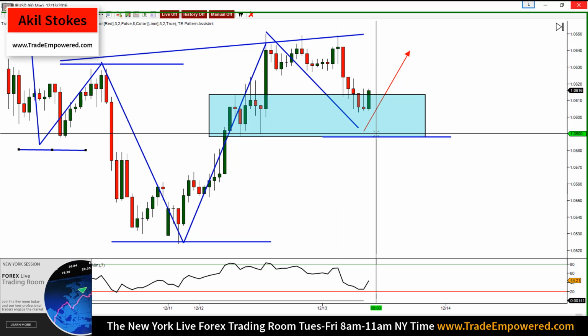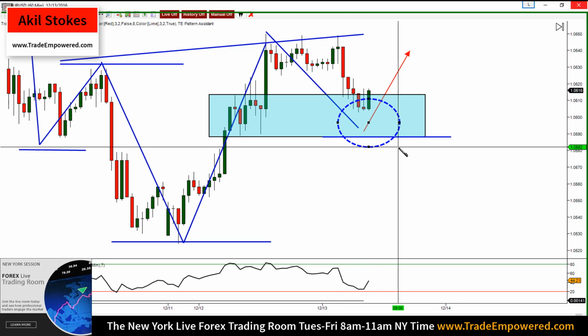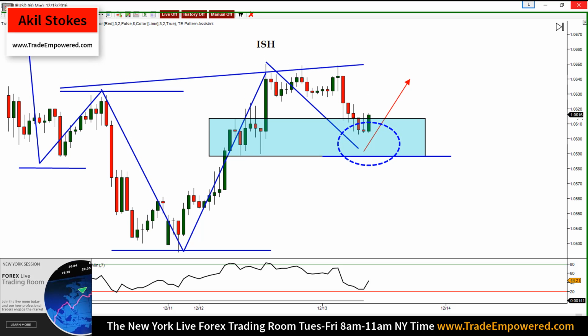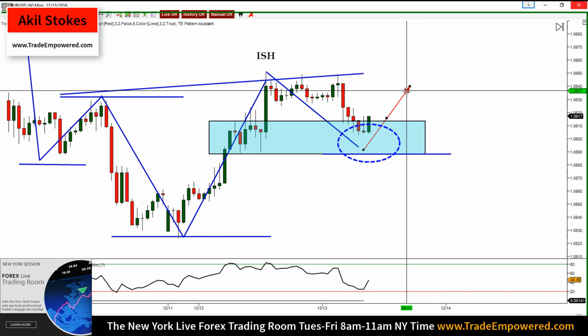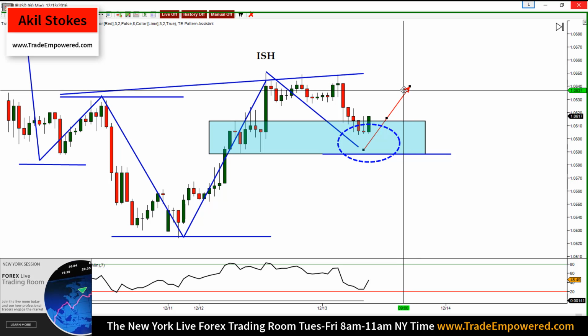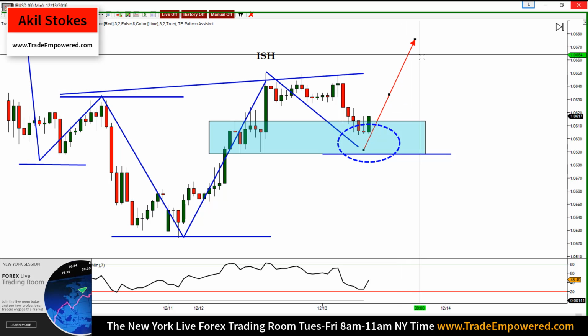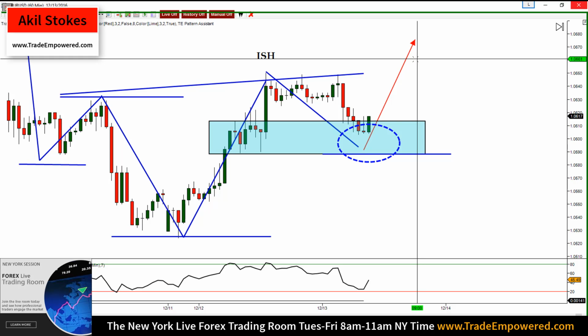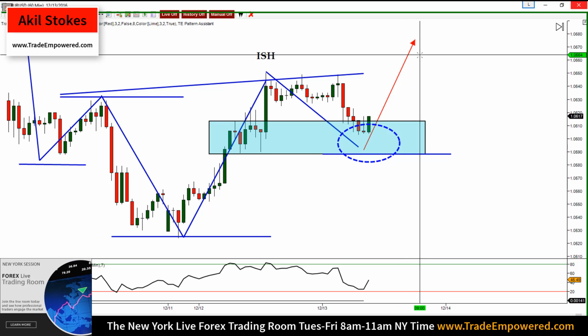But yeah, you can look at this as the first entry into a head and shoulders pattern as well, where you're entering at the right shoulder. Or, again, if you want to be more conservative, you can trade it the way I would trade a head and shoulders pattern, right? You wait for the higher high, higher close. Once you have the higher high, higher close here, what would that give us?